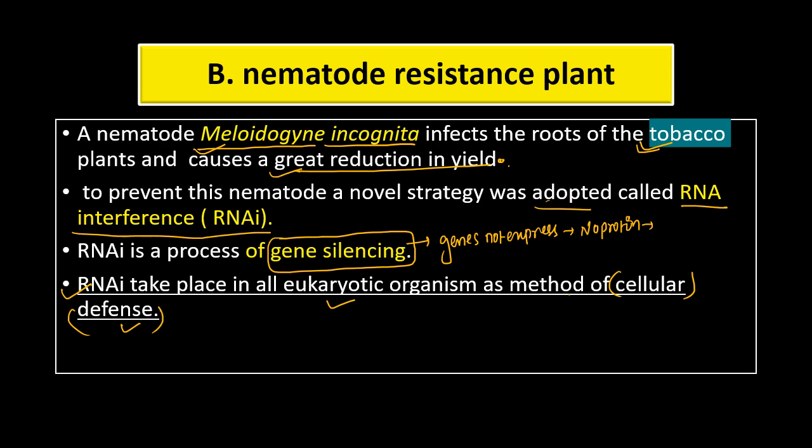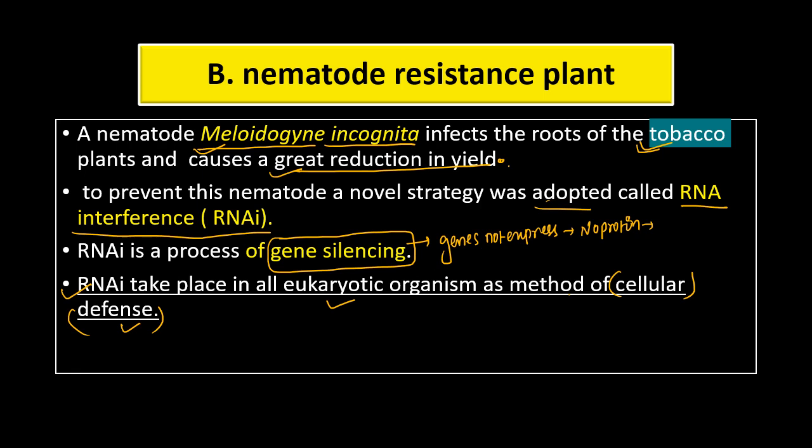Once again, the nematode is Meloidogyne incognita, which infects the root of the tobacco plant and causes a great reduction in yield. To prevent this nematode, we use RNAi, that is RNA interference technology.